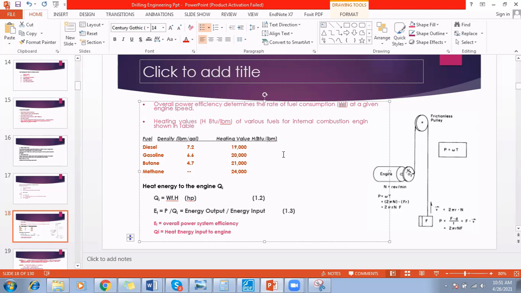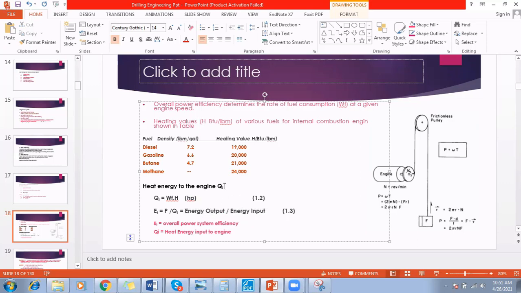And if you want to discuss the output power system efficiency, it is the efficiency of the system, and it is the ratio of energy output over energy input.